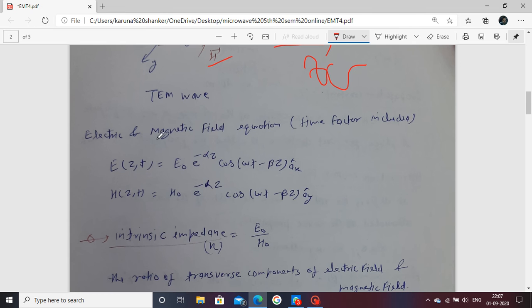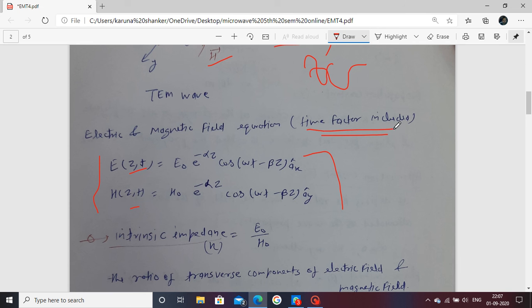Okay, next, we have already seen the vector wave equation represented in xyz coordinates, not including the time factor. Here it only shows electric and magnetic field. This is also a wave equation, the electric field and magnetic field equation when the time factor is included.